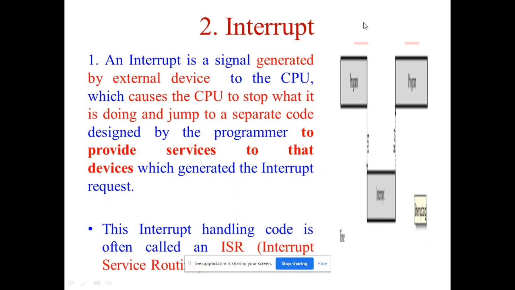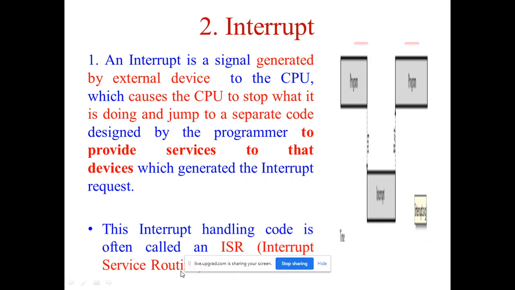In this fashion, when an interrupt arises, the main program just stops right there and jumps to a separate service routine which provides service to that device. That's why it is called an interrupt service routine. Means the main program stops in between and moves to other code, and that code is called an interrupt service routine.